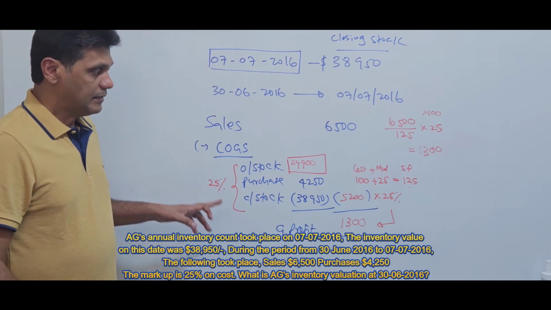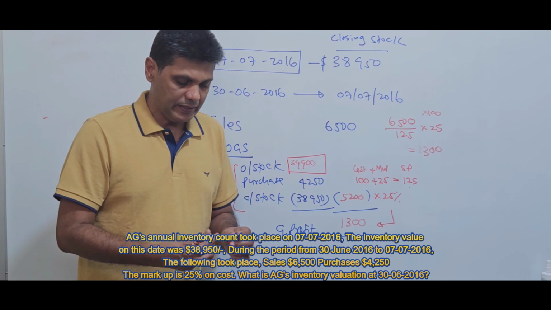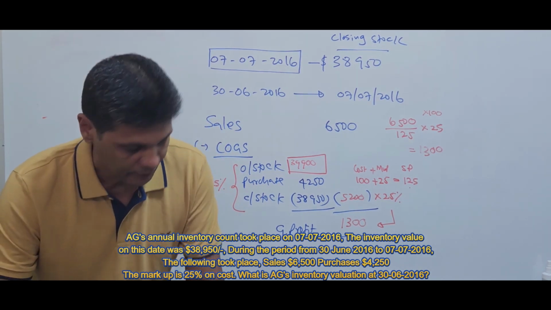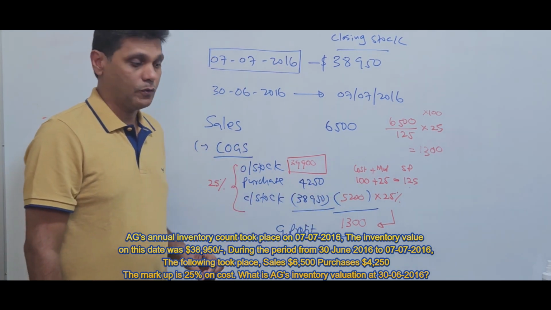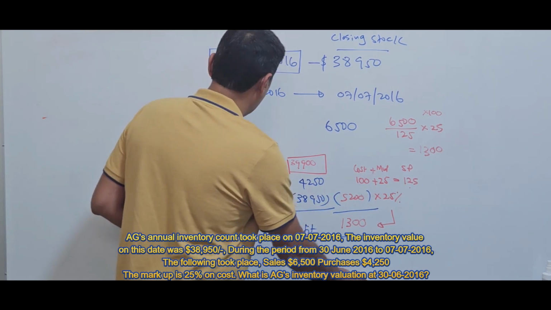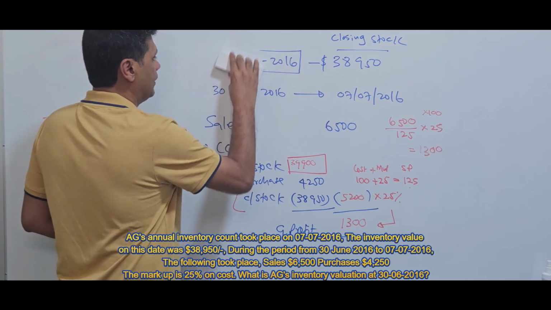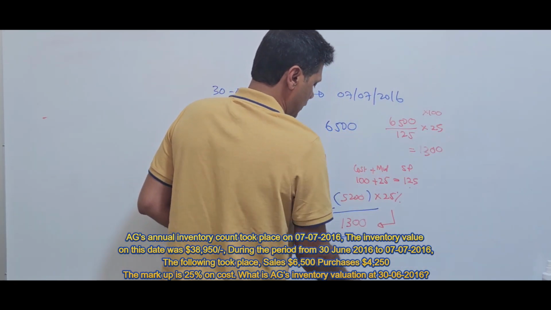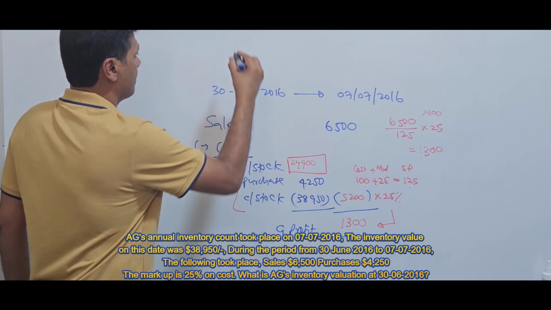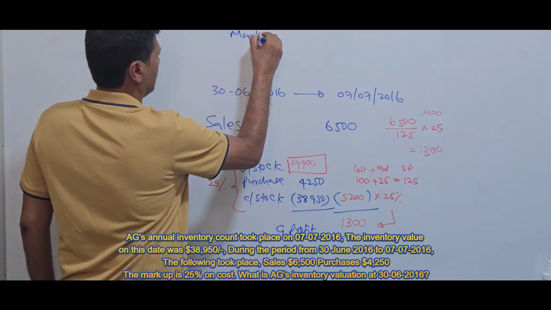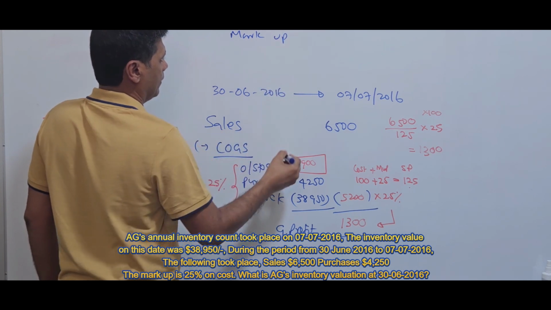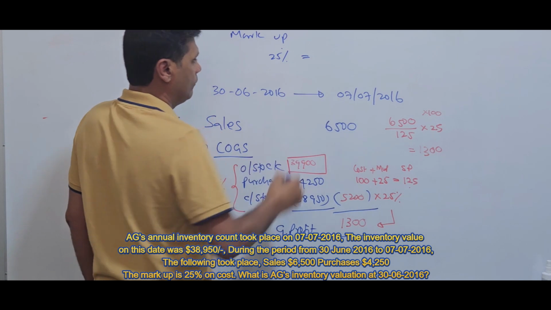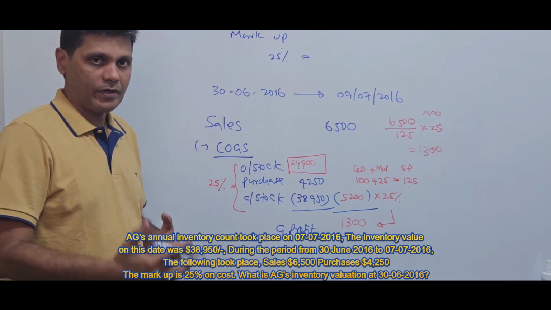And there is another way that you can easily remember this to identify the cost of goods sold. So what is the other method? Since you are given the markup as 25%, convert this 25% into a fraction.